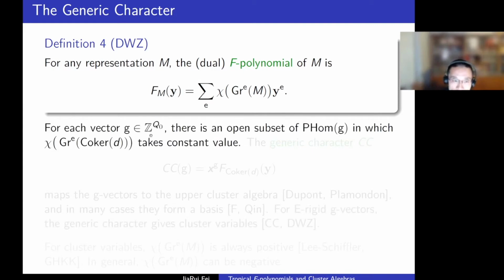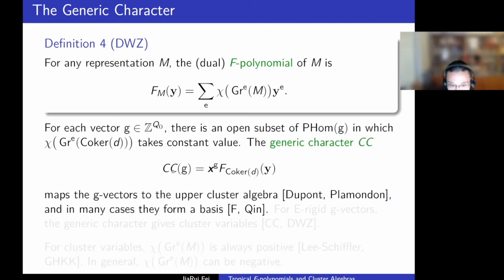It is easy to see that for each g-vector, there's an open set in the presentation space such that if I take the co-kernel, then take the quiver Grassmannian, the Euler characteristic will have a constant value on this open set, if you vary the co-kernel on this presentation space. And the generic character is the following formula.